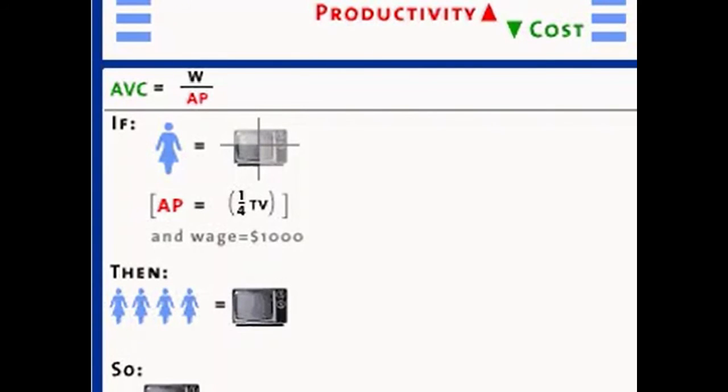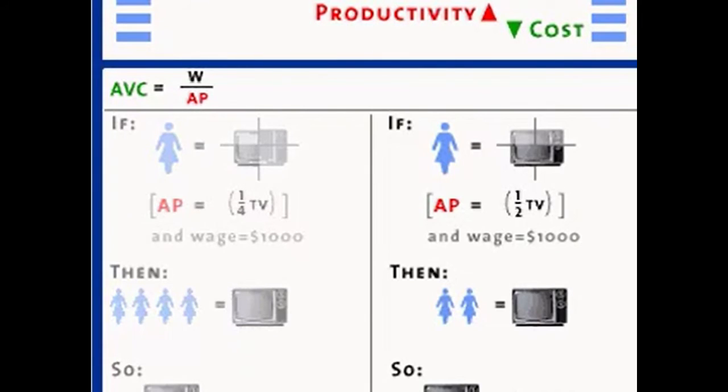And the lower the labor productivity, that is, the less that a given worker can produce, the more workers you have to hire to produce a whole television set. This is the relationship between productivity and costs. When average product is higher, then it takes fewer workers to produce a television set, and the average labor cost is therefore lower.